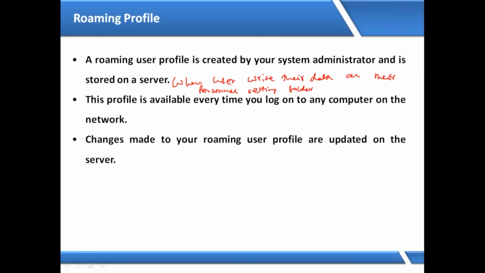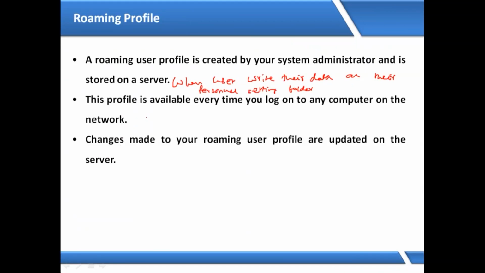Now this profile will be available to the user on any computer in this network, because the changes the user makes through the roaming profile are stored on the server. So the user can access his data from any machine.